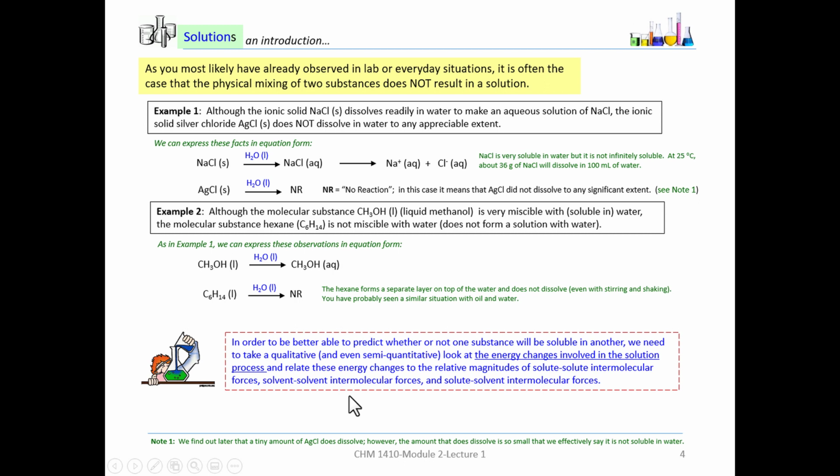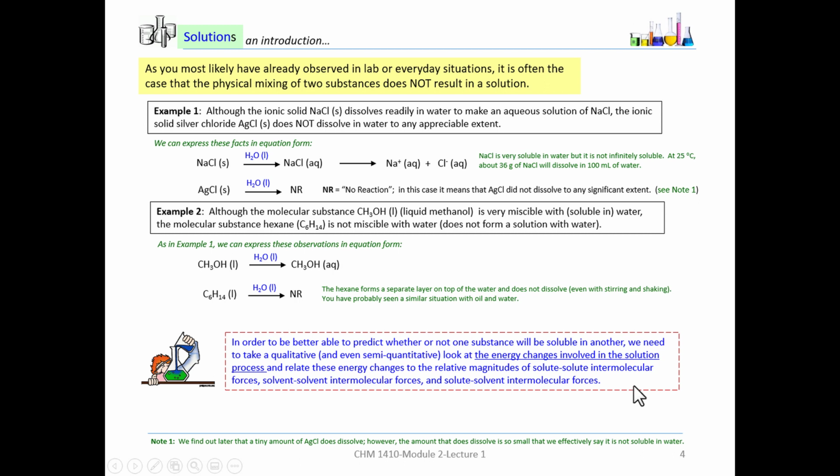Now, in order to be better able to predict whether or not one substance will be soluble in another, we need to take a qualitative and even semi-quantitative look at the specific energy changes involved in the solution process and relate these energy changes to the relative magnitudes of the solute-solute intermolecular forces, the solvent-solvent intermolecular forces, and solute-solvent intermolecular forces.